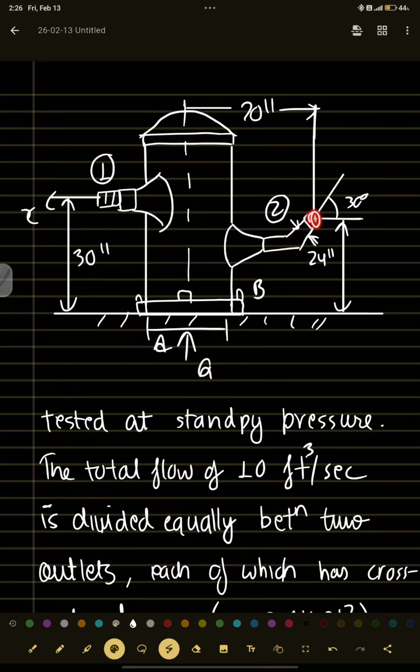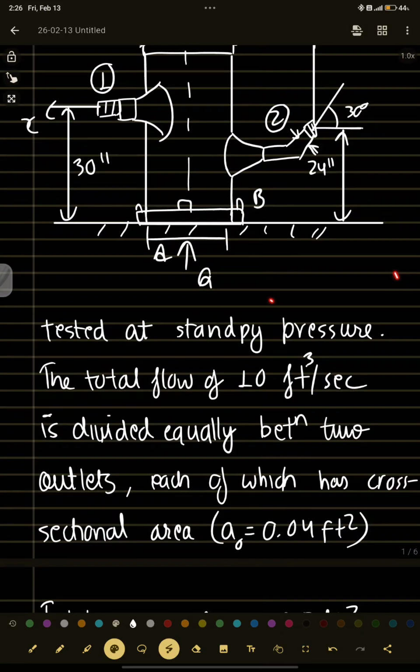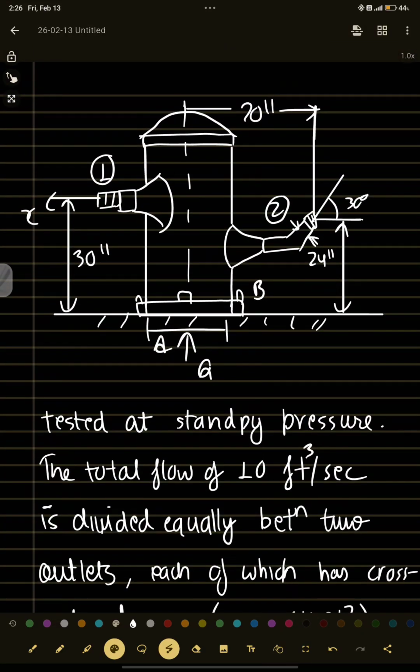Velocities at inlets and outlets. So if you are trying to conceptualize this in the form of the diagram shown over here, this part represents what here? The standpipe, the fire hydrant, with this and the boundary.